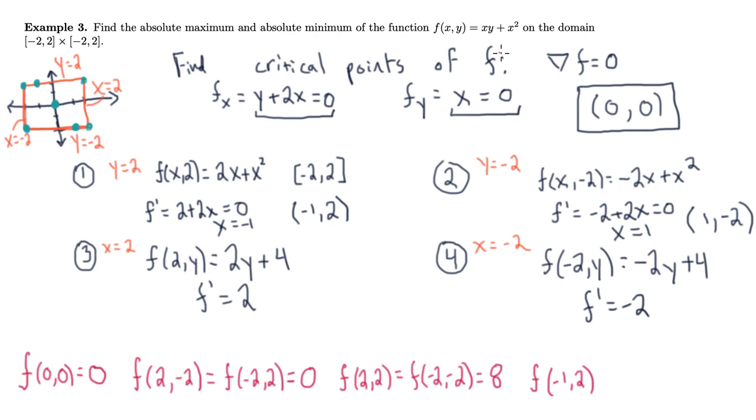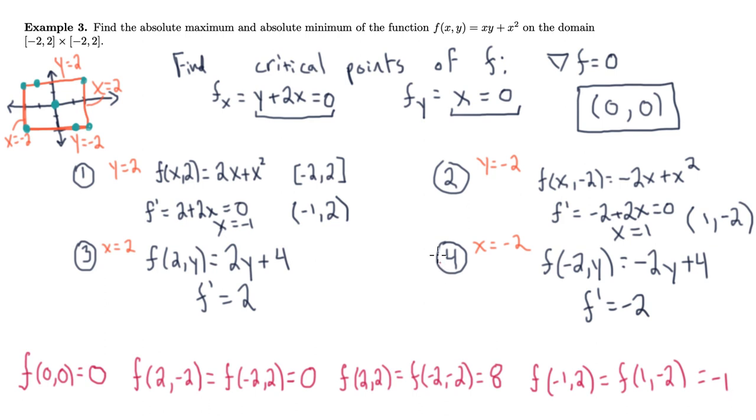Well, we're going to have -2 plus 1, and the same thing over here. So this is actually going to be equal to f(1, -2), which is negative 1.